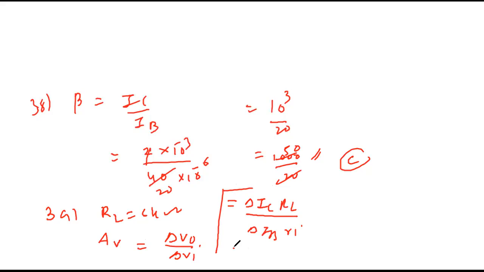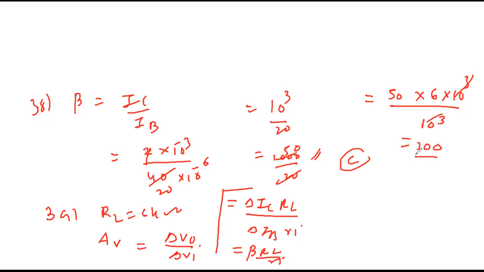This whole thing is called beta. So beta RL upon RI. Beta we got 50 in the previous sum. Load resistance is 6 kilo, so 10 raised to 3. Input resistance we got 1 kilo ohm, that is 10 raised to 3.